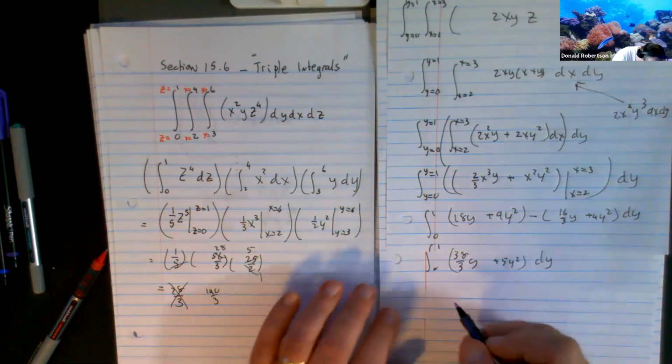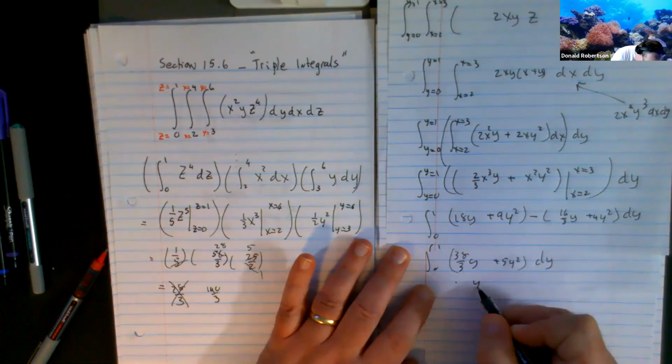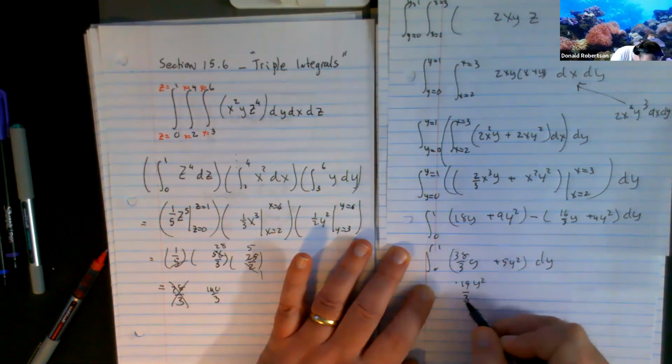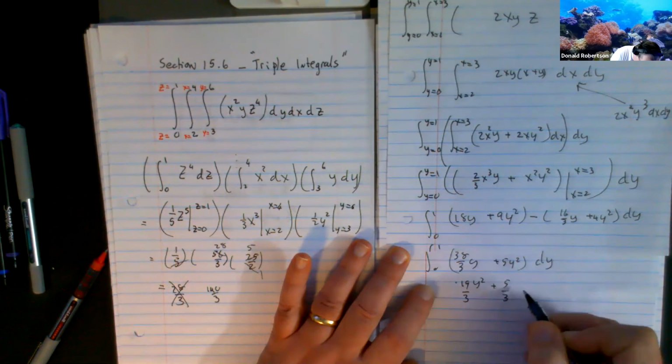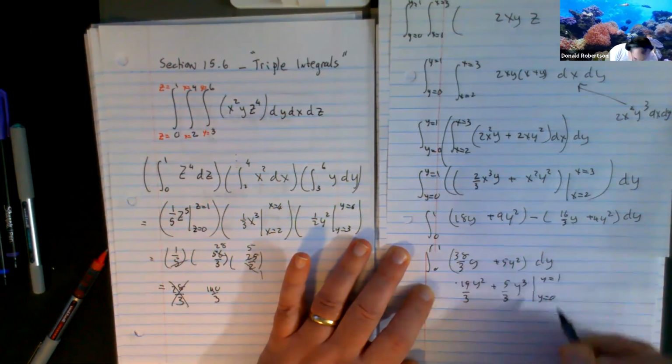This particular one becomes, well, power rule, 19/3, 5/3 y cubed, evaluated at 0 and at 1.